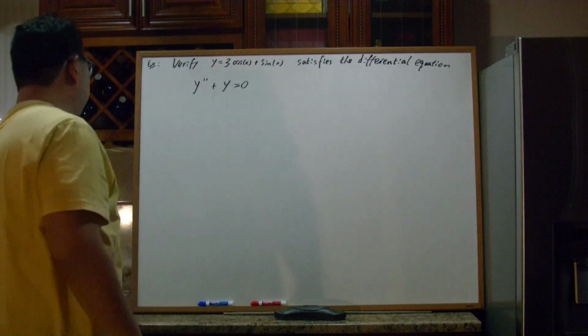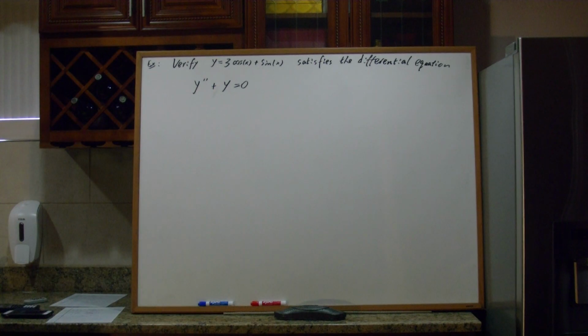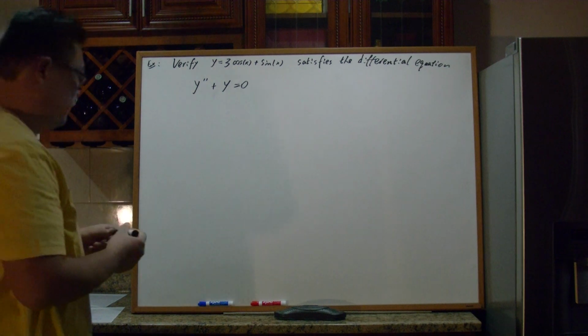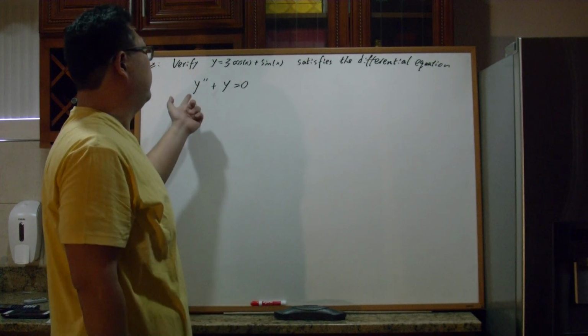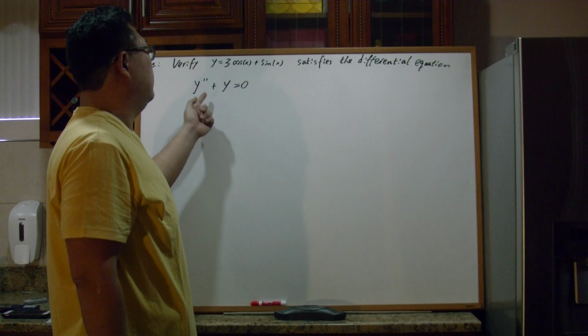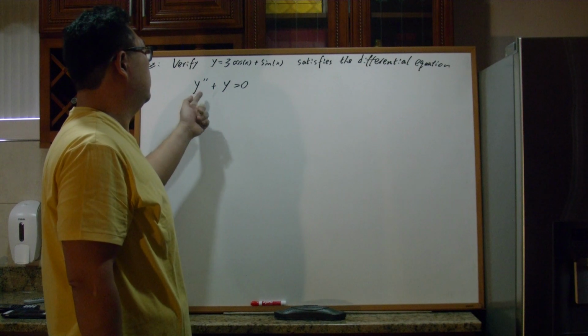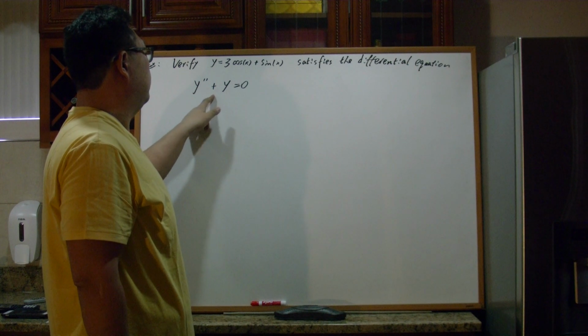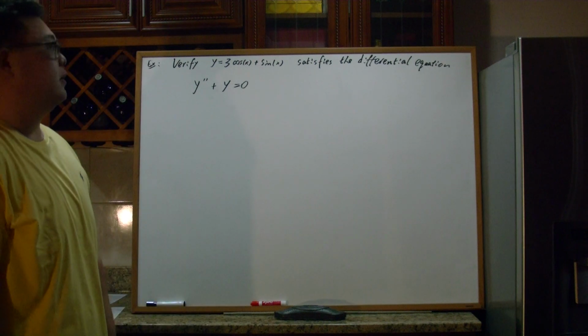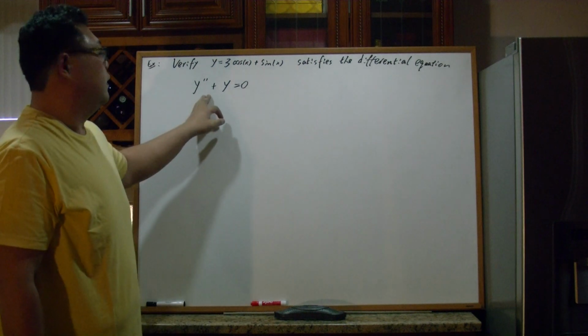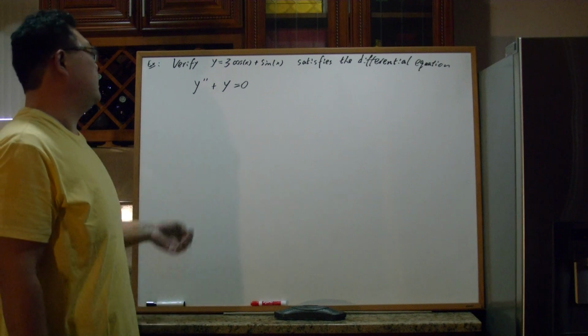Verify that y equals 3 cosine x plus sine x satisfies the differential equation y double prime plus y equals 0. So we have an equation involving derivatives, maybe the ordinary derivative or something called partial derivative, which we will not touch in this course anyway.